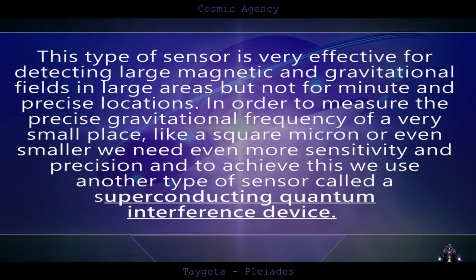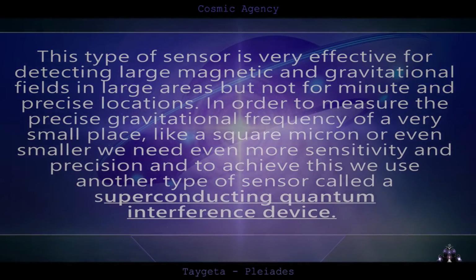This type of sensor is very effective for detecting large magnetic and gravitational fields in large areas, but not for minute and precise locations. In order to measure the precise gravitational frequency of a very small place, like a square micron or even smaller, we need even more sensitivity and precision, and to achieve this, we use another type of sensor called a superconducting quantum interference device.